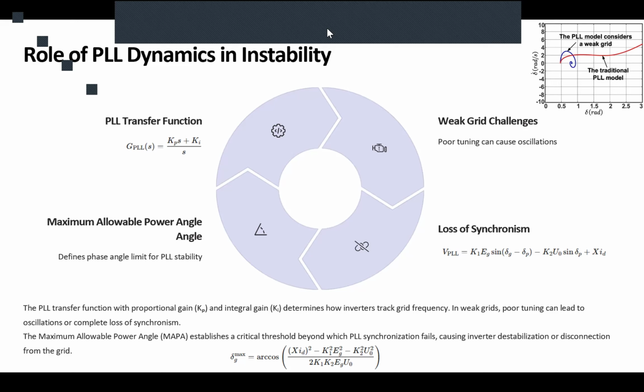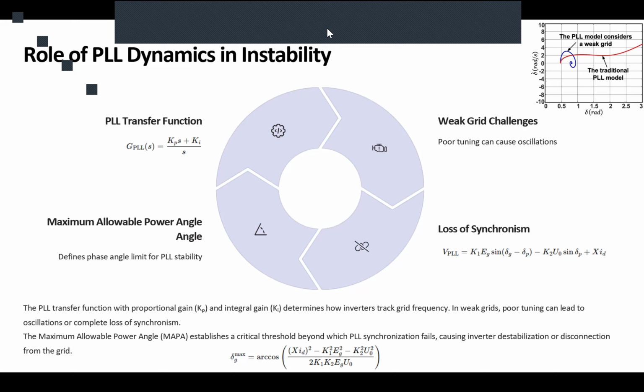Now in such a condition, any poor tuning of our PLL control system, meaning that we have poor tuning for KP and KI in our PLL controller, would result in an oscillation. What that means is that you have a chaotic behavior in a weak grid scenario in your reference.